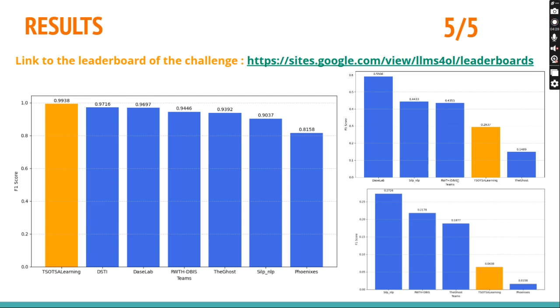Here are the figures presenting our position on the other datasets.